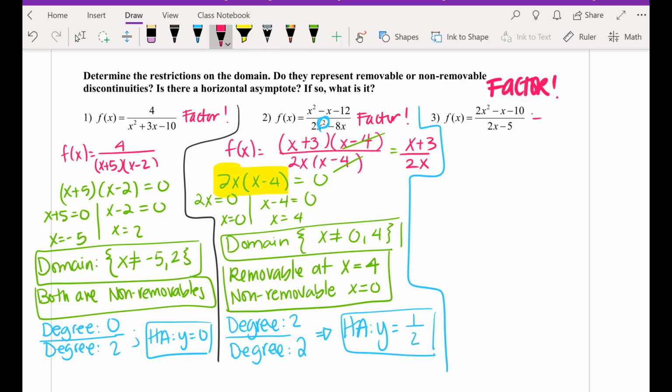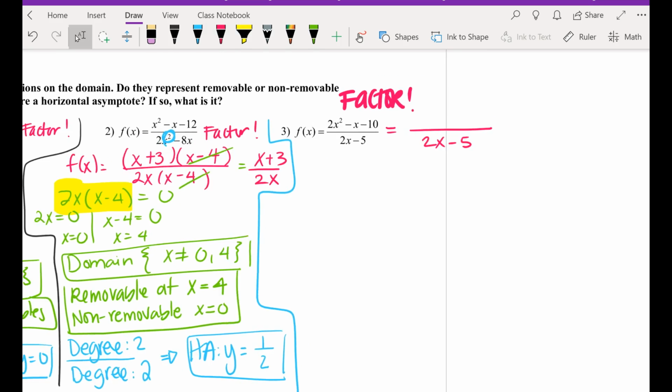Why don't you take a minute and factor the top with your partner? The bottom looks like that's as far as you're going to go. But the top can go a little bit further.